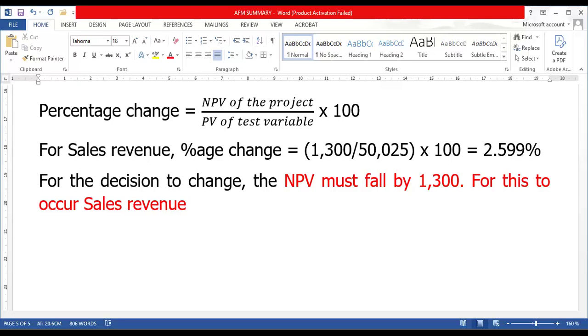Increase or reduce? Because here, you need to know what is the impact of revenue on NPV. Does revenue increase NPV or does it reduce NPV?